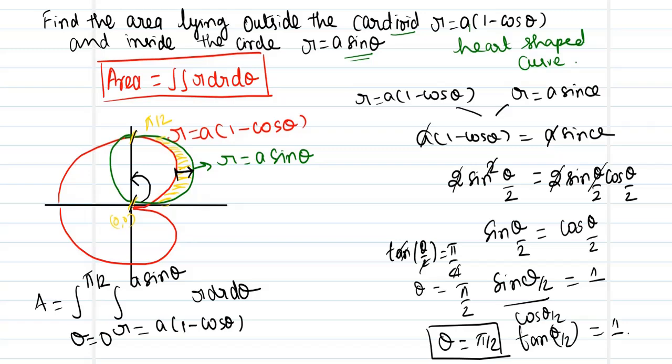Now how about the angle? It is in the first quadrant with theta equal to 0 over here and theta equal to pi by 2 over here. So when the angle is measured anticlockwise, theta varies from 0 to pi by 2. The function to be integrated is r dr d theta. So we move on to the next slide.